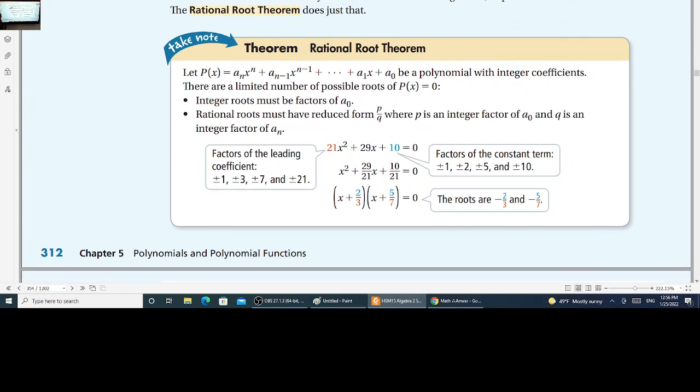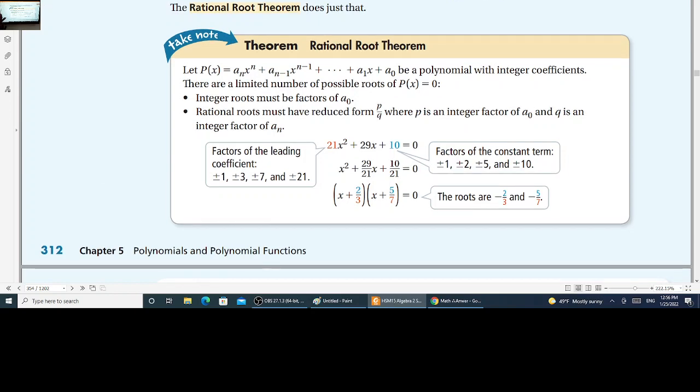This theorem says that if we have a polynomial p of x equals a_n x to the power n plus ... plus a naught, a polynomial with integer coefficients, then there are a limited number of possible roots of p of x equals 0.